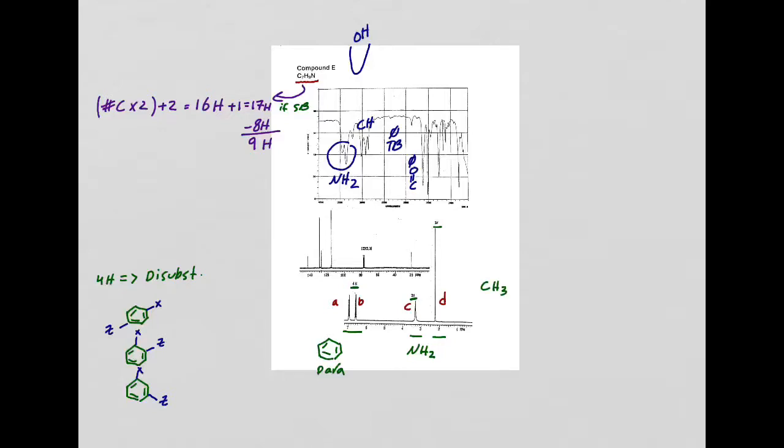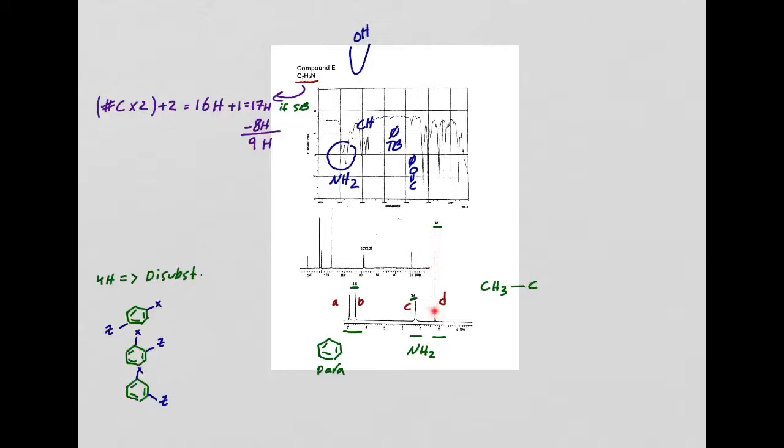It's a singlet, which means it's next to a carbon, or an atom, that has no hydrogen. That's why you get a singlet, right? Because the adjacent atom has no hydrogen, so 1 plus 0 would be 1. I get a singlet. Okay.